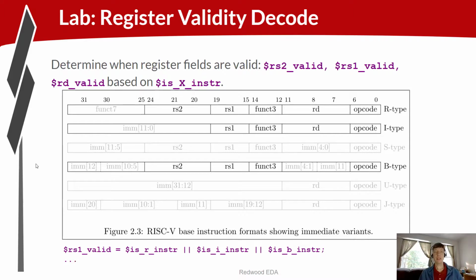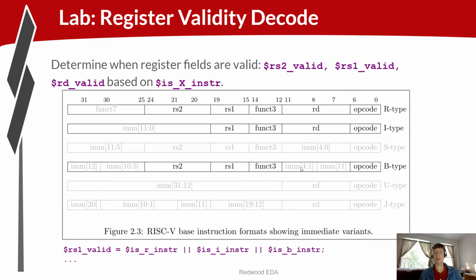All right, the next thing is to determine when the various fields of the instruction are valid based on their instruction type. All right, so we're worried about R-type, I-type, and B-type. And based on the instruction type, different fields are valid. You can see for I-type, there's no RS2 because the second source is from an immediate value.